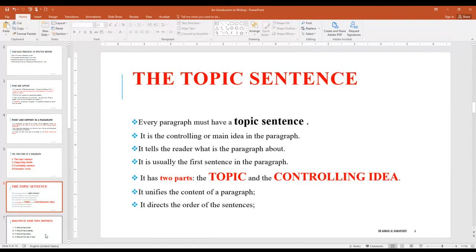It tells the reader what the paragraph is about. It is usually the first sentence in the paragraph, but again, it could be in the middle or it could be at the end. All right? But at this point, you should keep it as the first sentence in the paragraph.